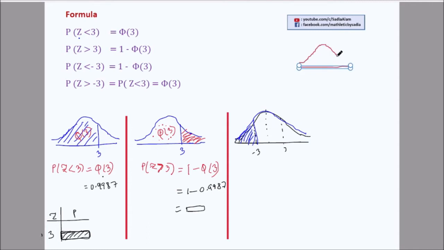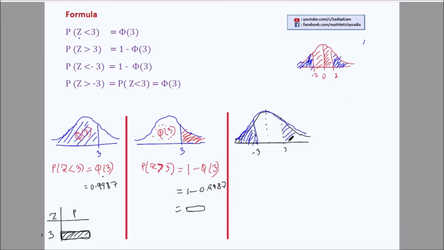So if this is 0, this is 2, this is minus 2, in that case 0 to positive 2 will be equal to 0 to negative 2. Similarly, if we need greater than 2, that will be equal to less than negative 2. Since it's symmetrical, this blue portion and this blue portion will be equal to each other.